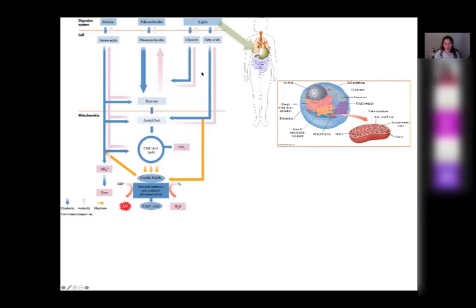Below the line would be inside of our cell in the cytoplasm. Once these proteins are digested or hydrolyzed to amino acids, the polysaccharides to monosaccharides, and lipids to glycerol and fatty acids, then they are converted to pyruvate, a 3-carbon piece.